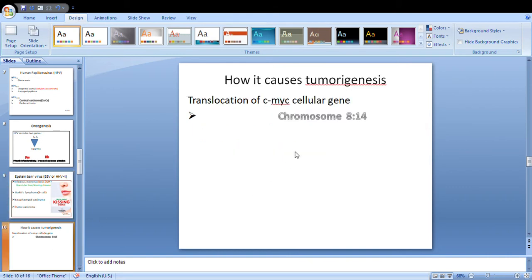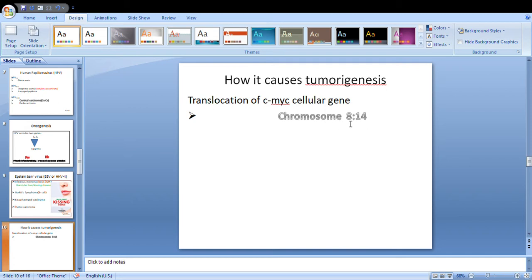And how does this virus cause tumorigenesis, oncogenesis? In this virus, there occurs the translocation of the cellular gene, which is present in human beings at the cellular level, and the translocation occurs from chromosome 8 to 14.